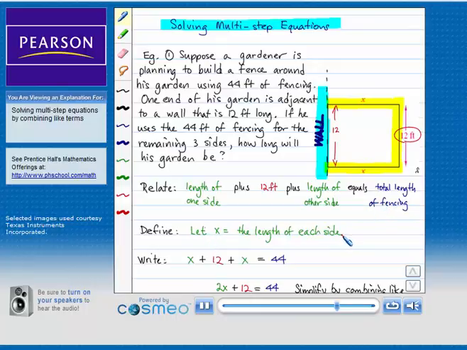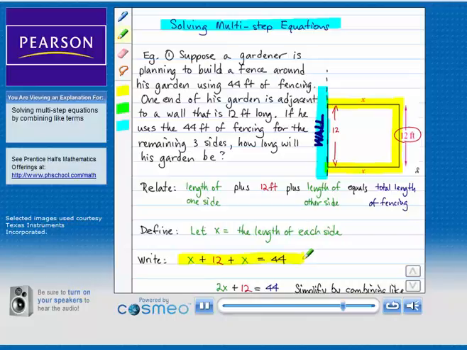Once I've done that, now I can go ahead and write out my equation. I have the length of one side, that's x, the unknown, plus the width, 12, plus the length of the other side is equal to the total length of fencing available, and that was 44. So there is my equation: x plus 12 plus x is equal to 44.